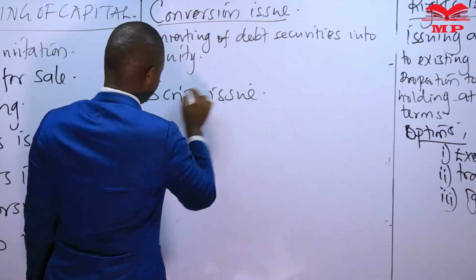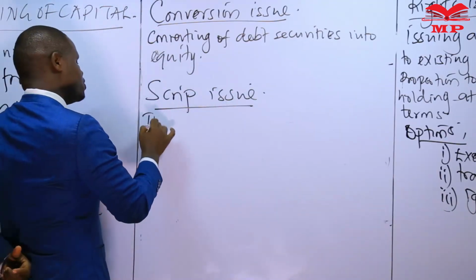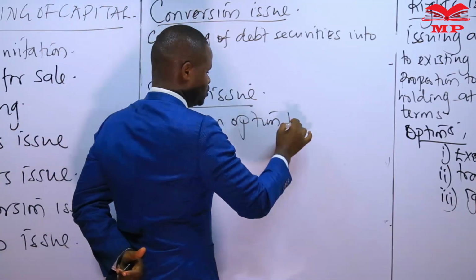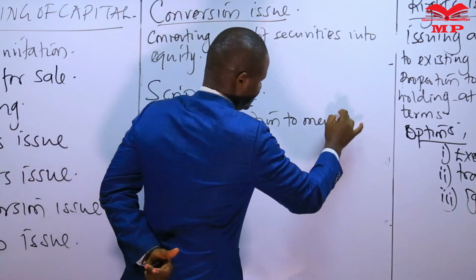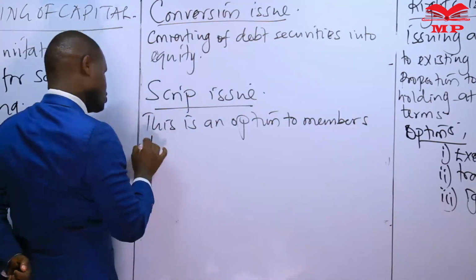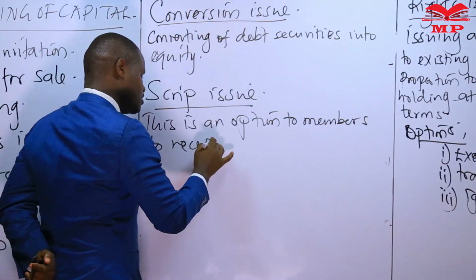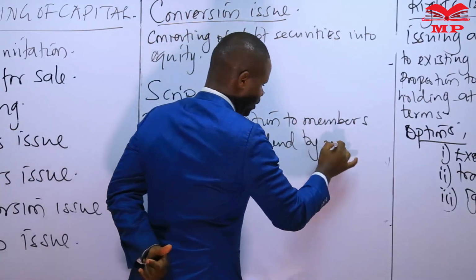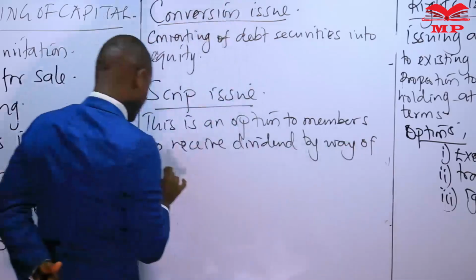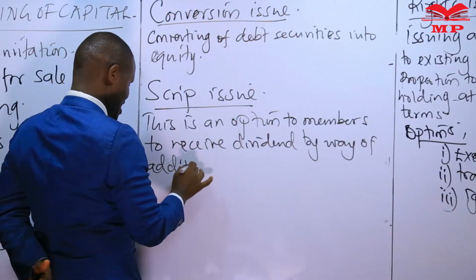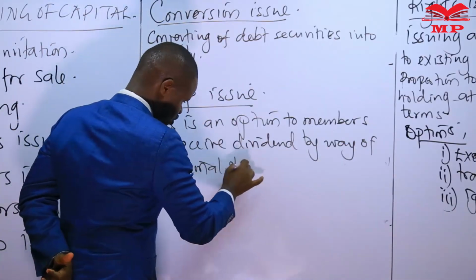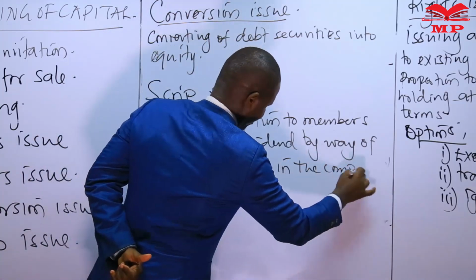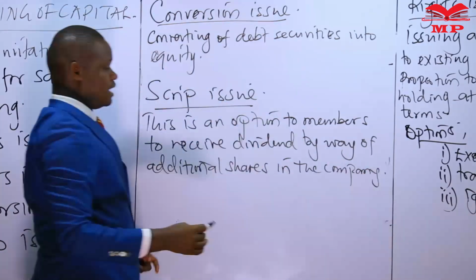In a scrip issue, this is an option to members to receive dividend by way of additional shares in the company.